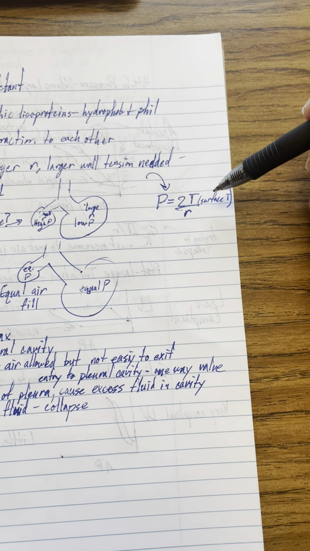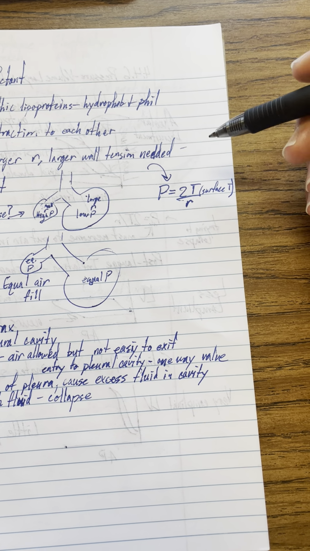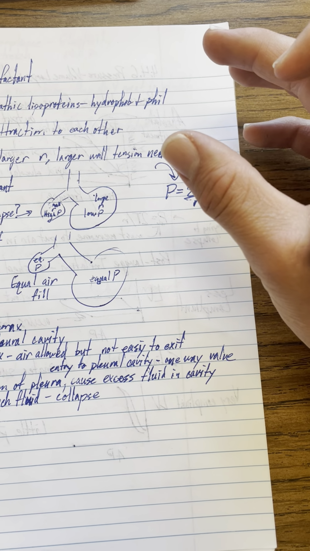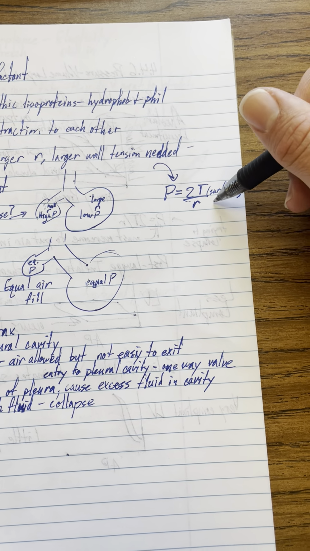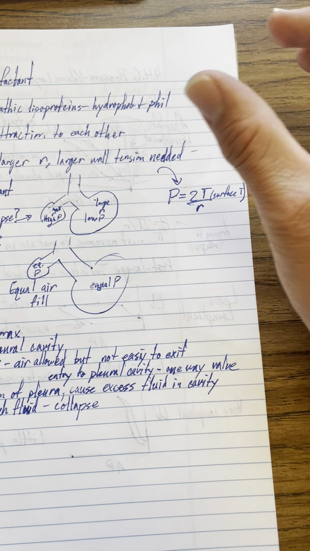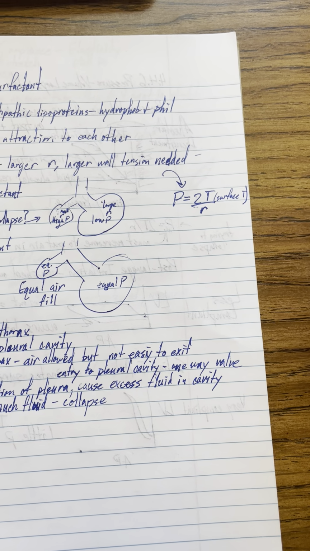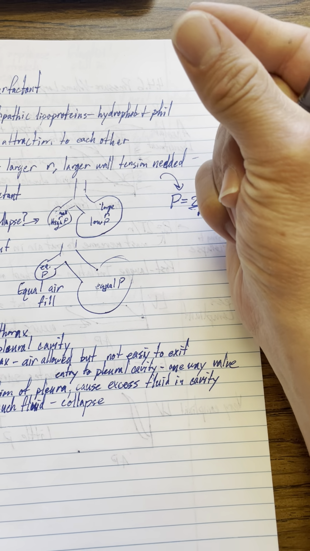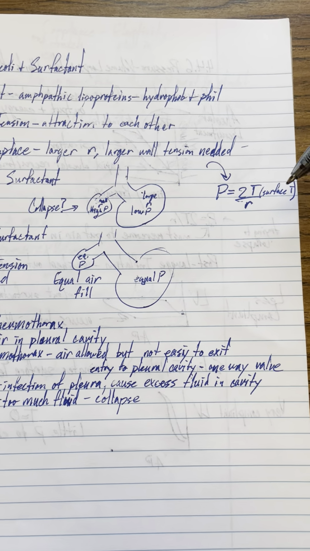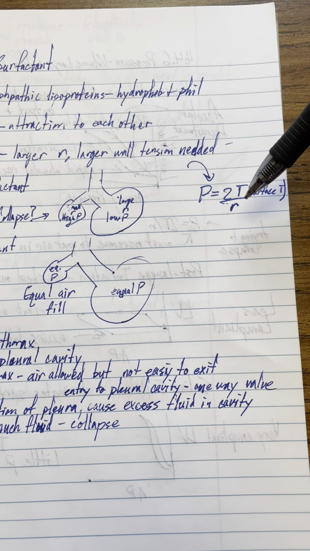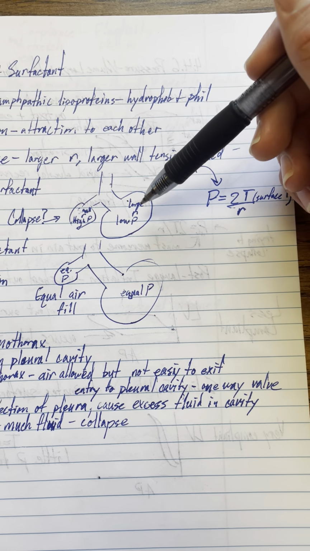And this is proportional to our surface tension. While we have elasticity of the cells of the alveoli pulling in and wanting to collapse, we also have the surface tension of the water, and they're proportional. If you increase surface tension, you have a greater pressure to collapse that alveoli. And this is dependent on how large your alveoli is.